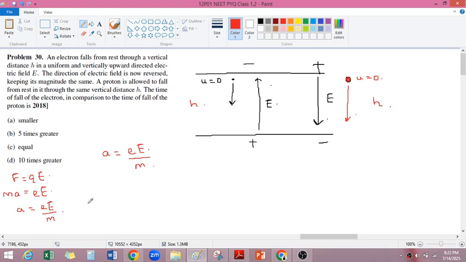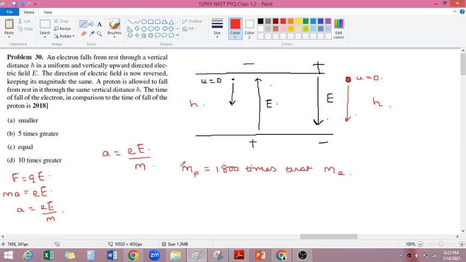Why should I know this? Because if acceleration is more, the time taken will be less. Right? So since e and E are the same for electron and proton, only the mass differs. The mass of proton is around 1800 times that of the mass of electron.